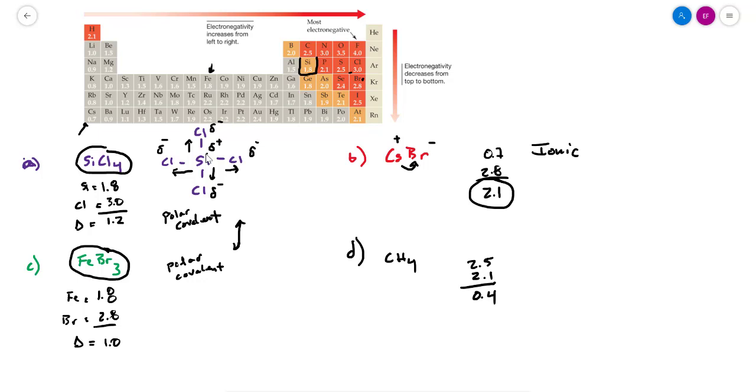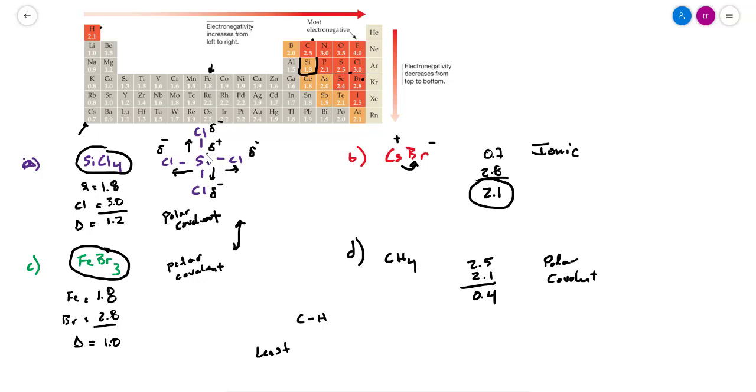So we can look at carbon up here and then hydrogen over here. The difference is going to be 0.4. So we're going to say this is polar covalent. If you were asked to rank the polarity from low to high of each of these bonds, we'd say the carbon-hydrogen bond is the least polar. So this would be least polar.